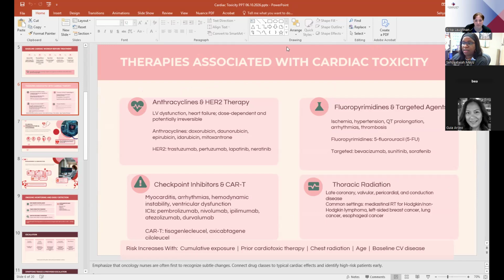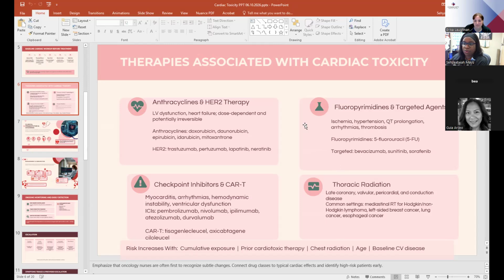You have other medications here, the pyrimidines and targeted agents, which cause ischemia, hypertension, QT prolonging arrhythmias, and some of these medications are the 5-FU, and then targeted agents, and again, some of the MABs and the NIBs.